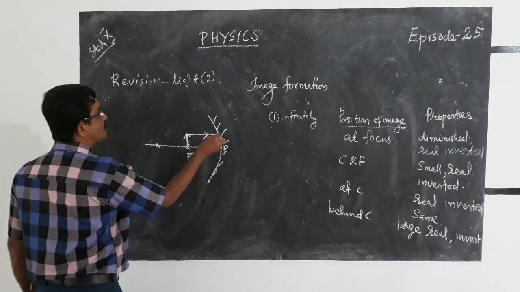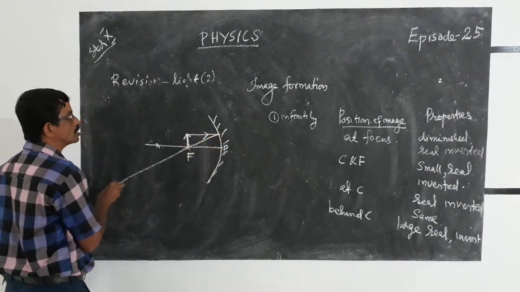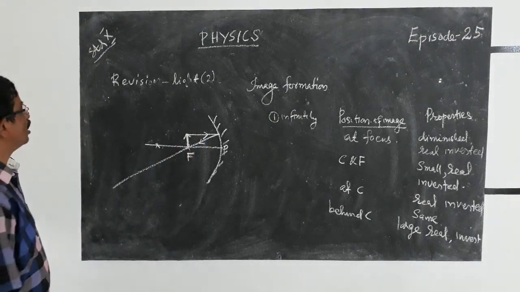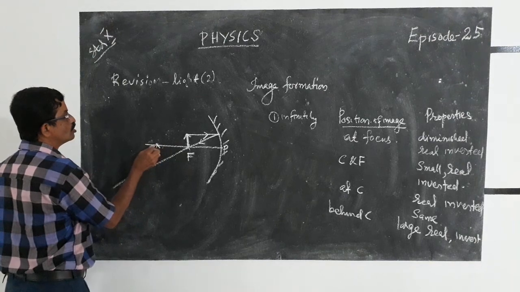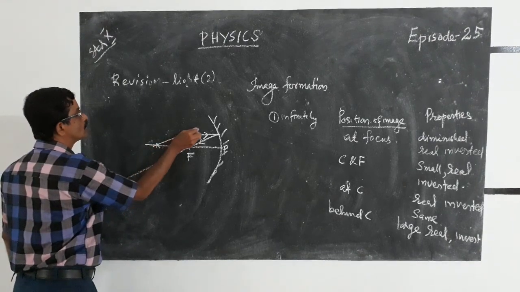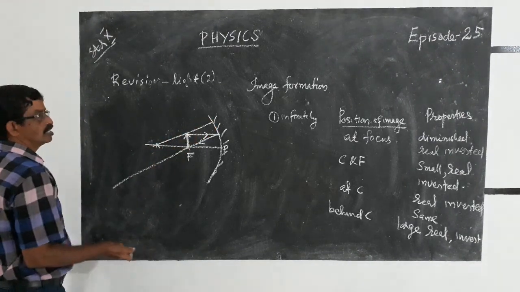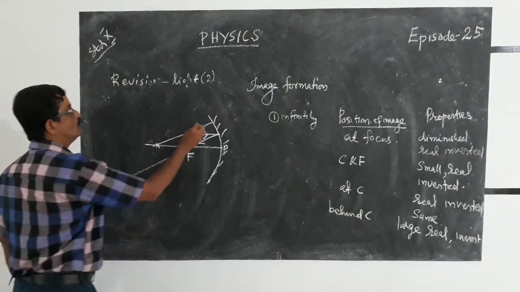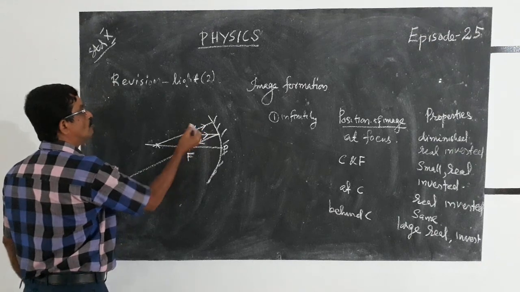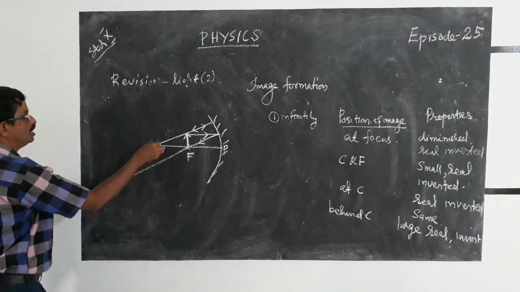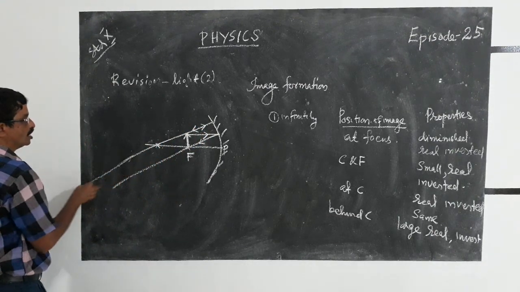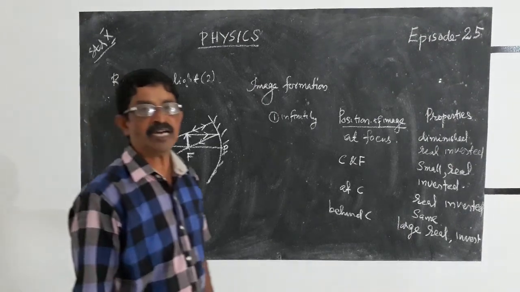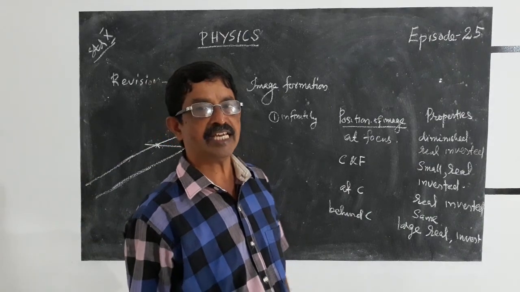After reflection, it passes through the focus, which we drew before. Now another ray passes through the center of curvature. A ray incident on the mirror through the center of curvature is reflected back along the same path. See, these two rays are now parallel. We know parallel rays meet at infinity.